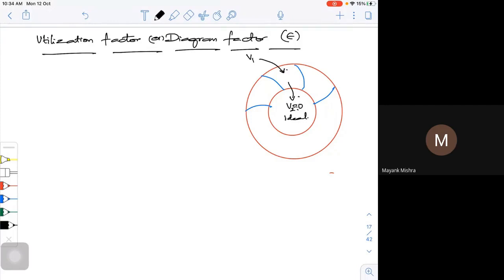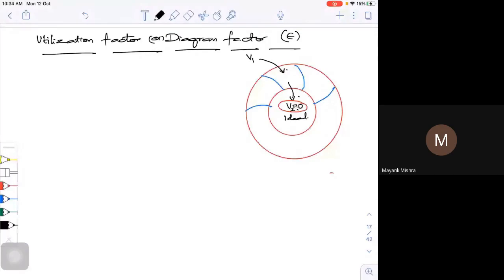In practical cases, V2 can't be 0. If V1 enters at some 40 meters per second, V2 will be at 2 meters per second, not 0. The V2 square by 2 going out is the energy which is not converted or utilized, it is wasted.